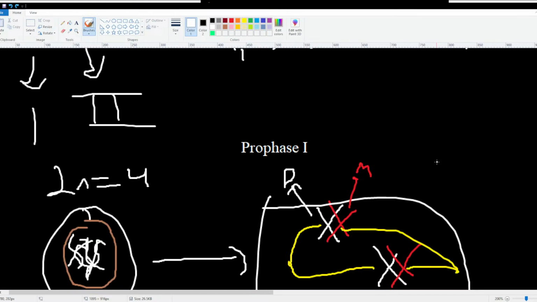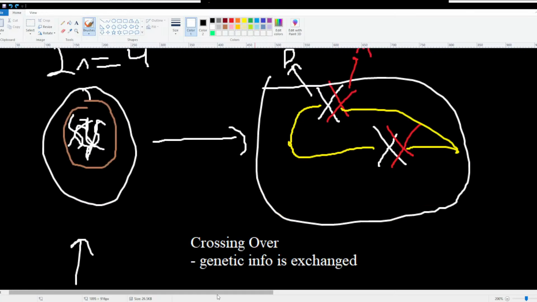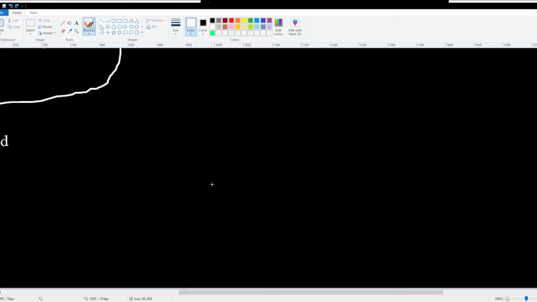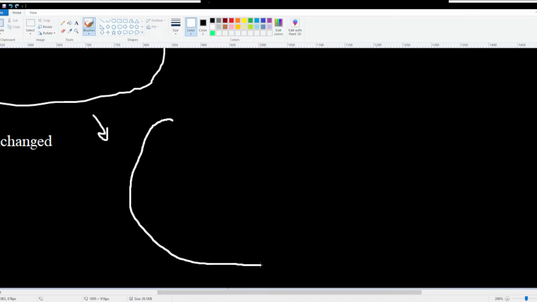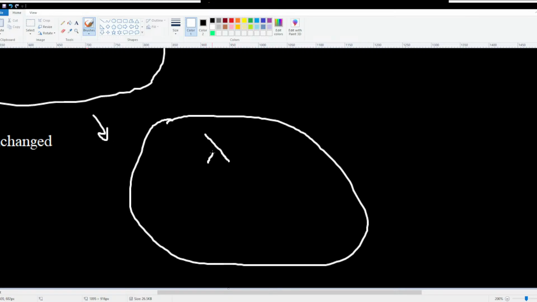So now we move on to metaphase 1. There's another big distinction made between metaphase 1 and just regular metaphase, and that's this. Actually, let's draw our spindles first because we're going to change it around a little bit.